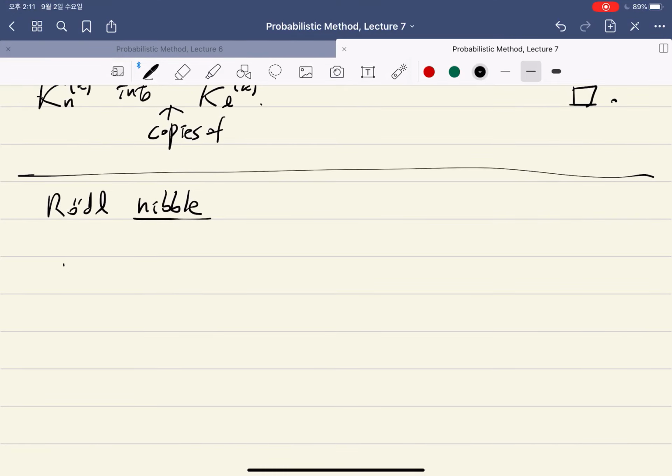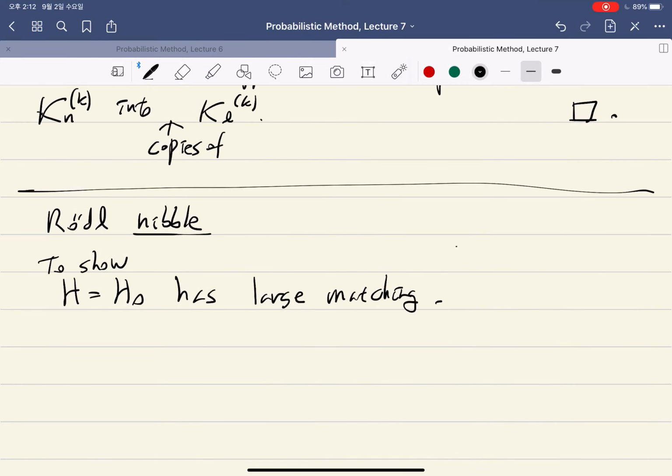So we want to show that H, which is say H0, has a large matching, an almost perfect matching. That's our goal. And what do we know? H0 is almost regular and has small codegree.